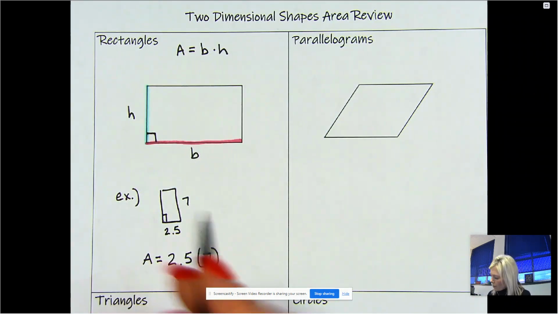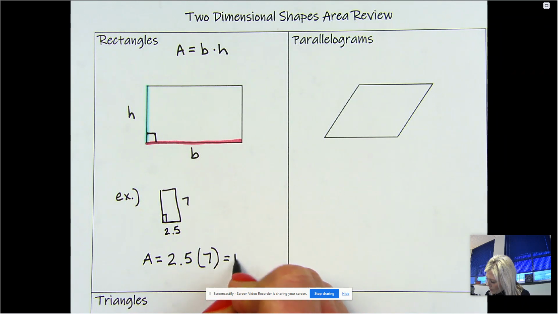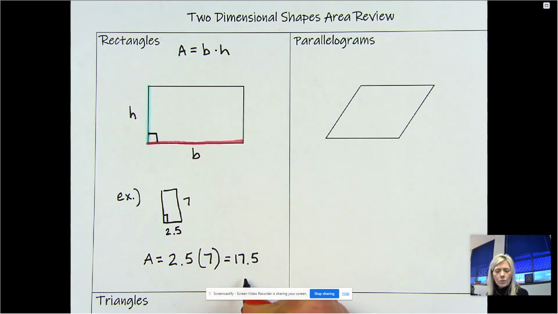So this would have an area of 17.5. And I'm going to say square units.